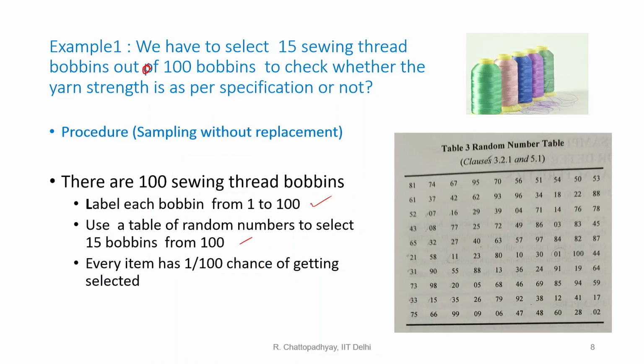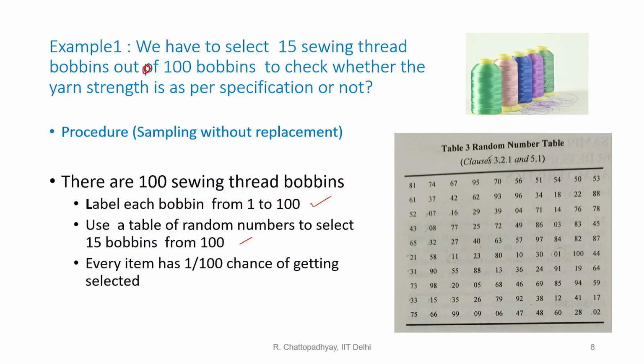Okay. So anyway, from the random number table, we will choose 15 bobbins out of 100. So when the bobbins are numbered, I am going to choose those 15 random numbers. And then once I have those numbers with me, I will select only those bobbins against which those numbers have been pasted.